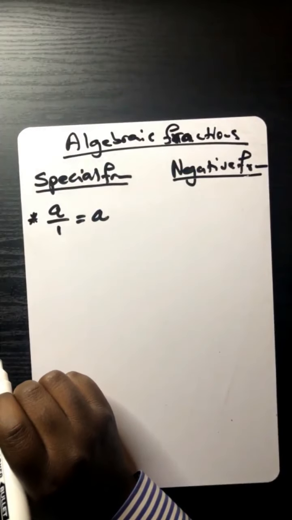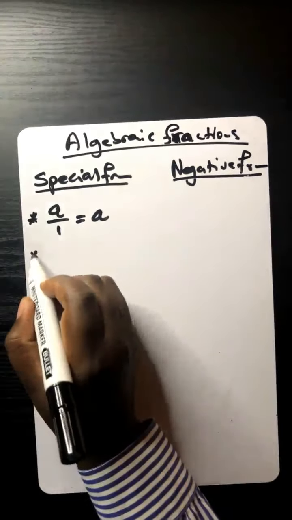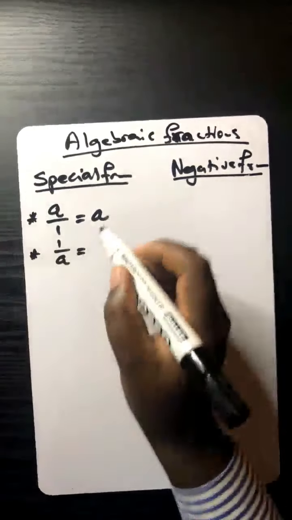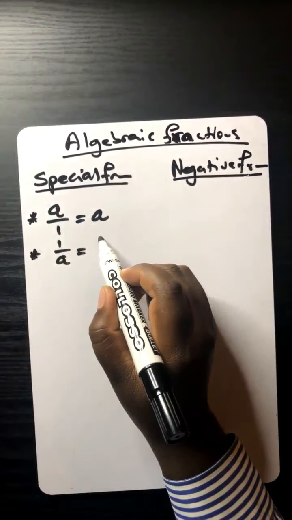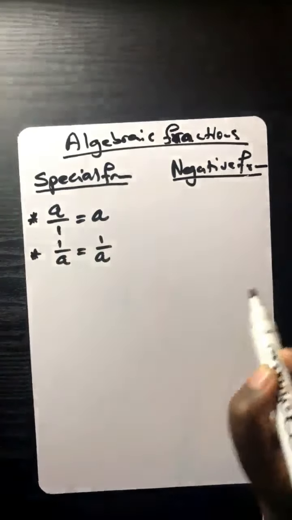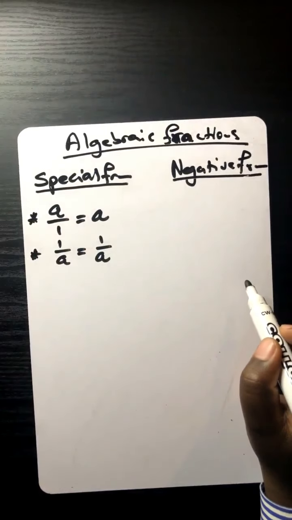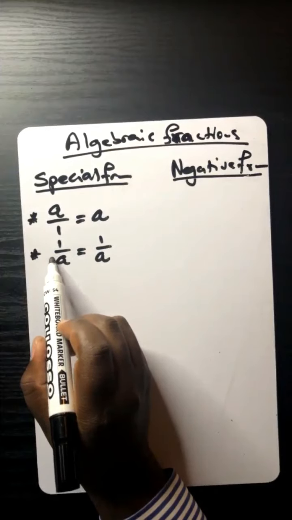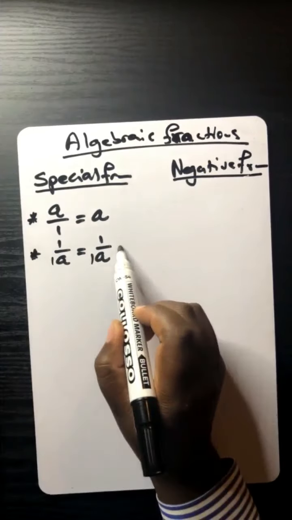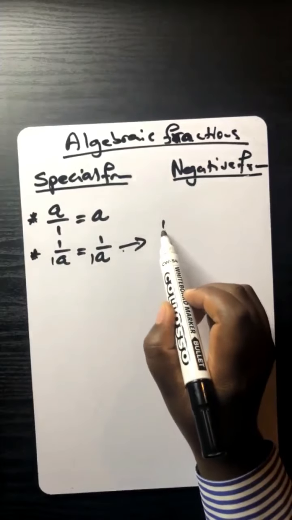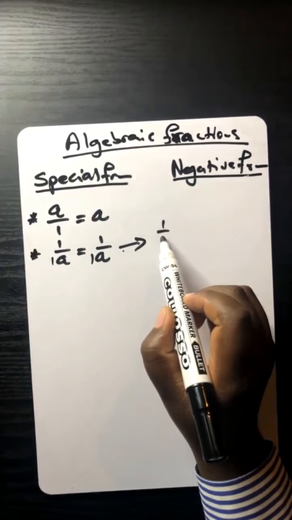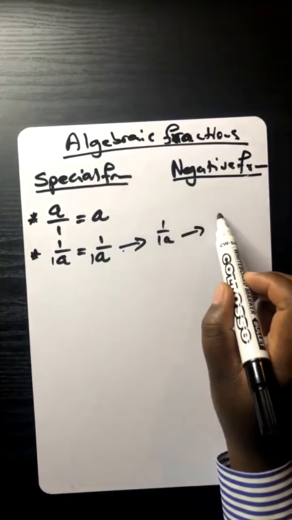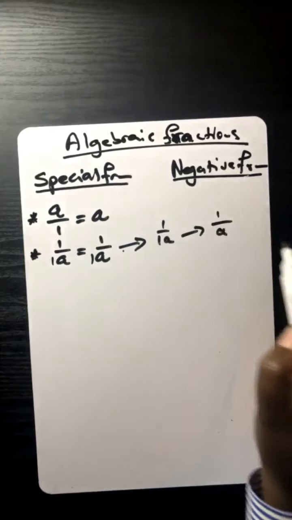Then from there, when it comes to 1 divided by a, this is the same as 1 divided by a. It doesn't change this one, Shreyas. Remember, still we've got that invisible 1 over there. So it's more like you're saying 1 divided by 1a, which is still that 1 over a.